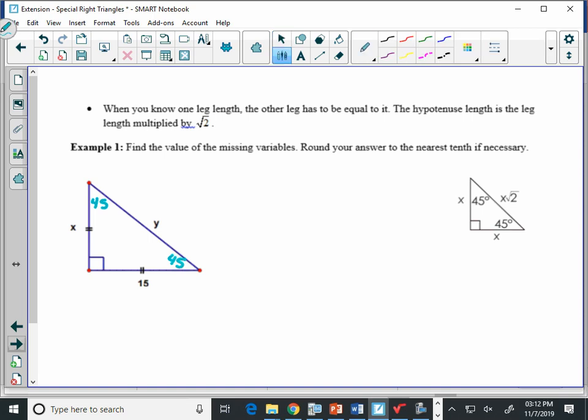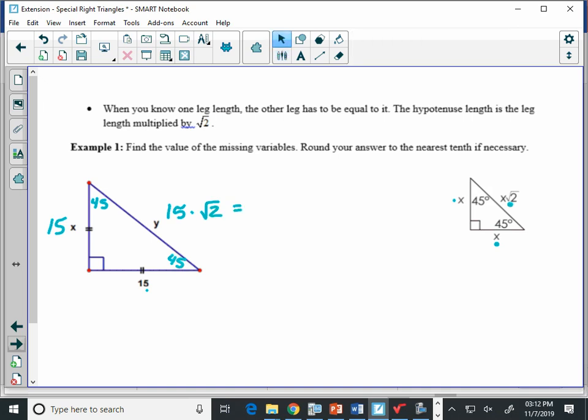If I look at my reference sheet, it's showing me that the legs are the same. They both have an x. So this leg is 15, and that leg is also going to be 15. Then they take whatever my leg is and multiply it by radical 2. So I'm going to take my leg length, which is 15, and multiply that by radical 2.